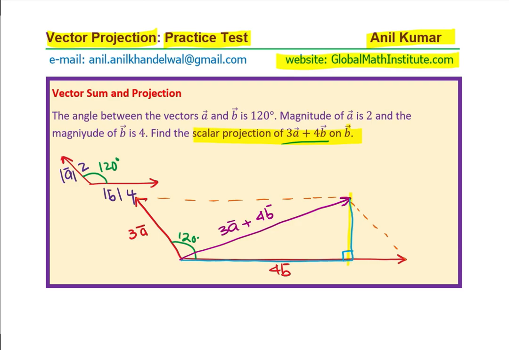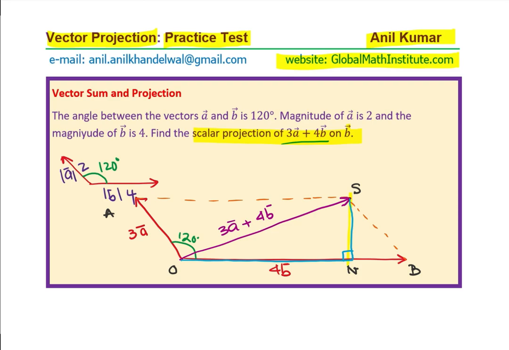Let me write some letters here. Let's say O, and this is ON, the scalar projection. Let's call this point A, this point B, and this is the sum S. So first we'll find the sum of 3A plus 4B, and then we'll find the scalar projection, which is O to N.